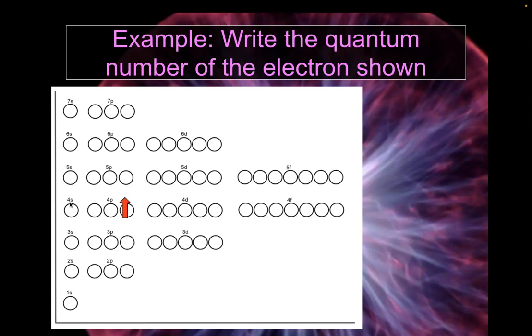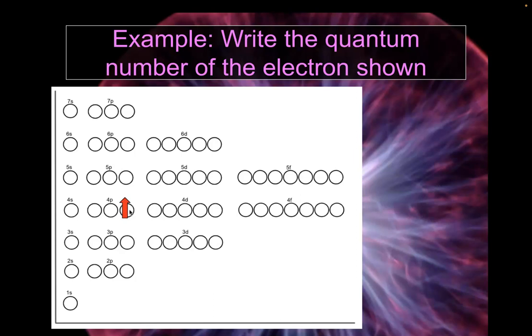My second number refers to my suborbital. S is 0, P is 1, D is 2, F is 3. It's in a p orbital, so it's going to be a 4, 1. My next number is my m, or which of these 3 orbitals is it in? The middle one is 0. The one to the left is -1. The one to the right is +1.